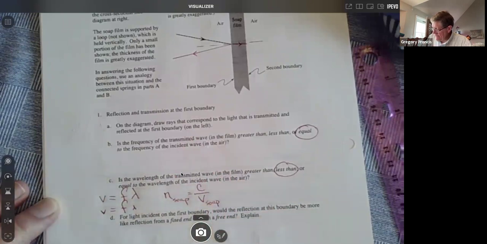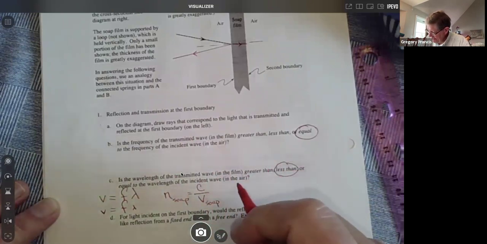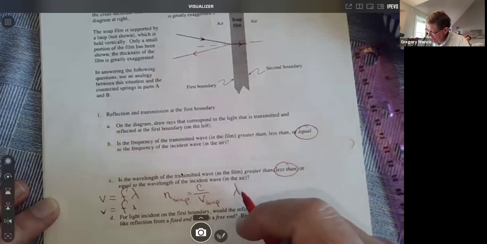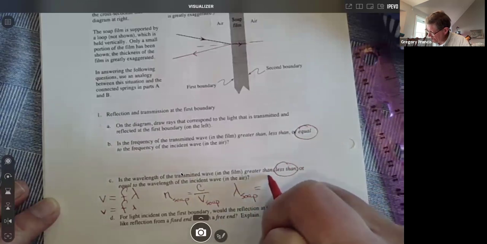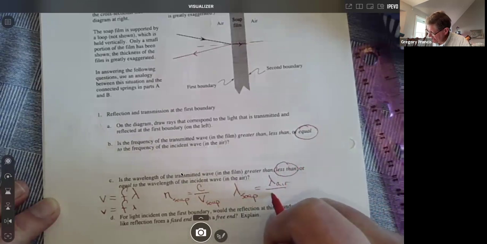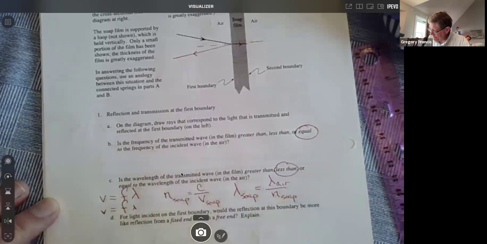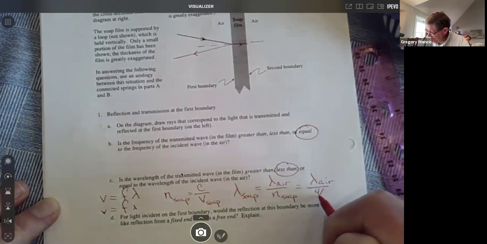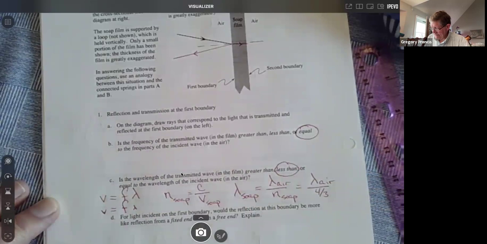And so that means that I can say that the wavelength in the soap is going to be equal to the wavelength in air divided by that index of refraction of the soap. And that's going to be the wavelength in air divided by 4/3 for the soap.